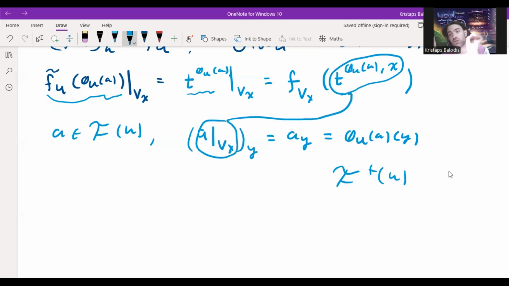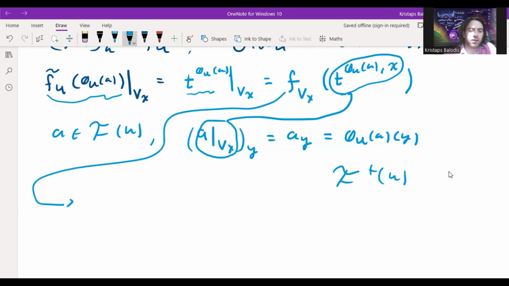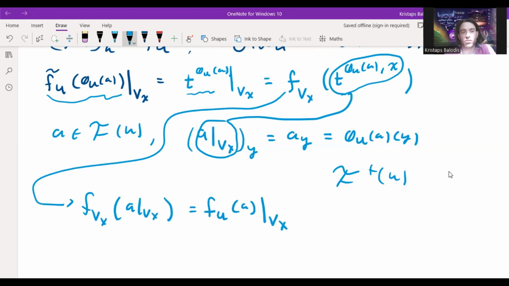And now, okay, there's the little part that I formally didn't verify all the details, that it doesn't depend on those choices. But if you did that exercise yourself, or choose to believe me, that means then that this whole thing is f sub Vx of a restricted to Vx, but that is exactly f of u applied to a restricted to Vx.